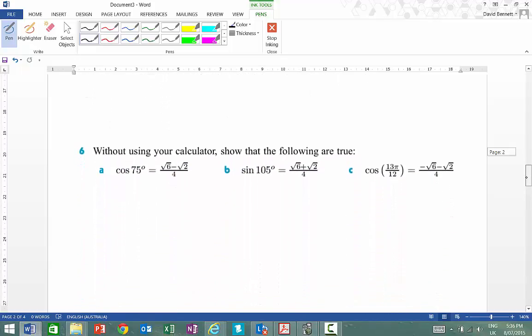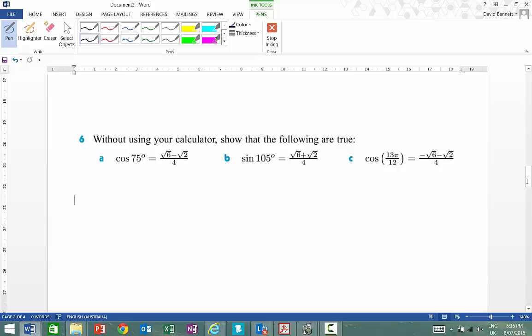Now I just want to look at this one here. We can use this a bit more, you've got to use a bit more intuition about what you're going to do here. Now if I've got cosine of 75 degrees, I'm thinking of cosine being 75 degrees might be something like 45 degrees plus 30 degrees. Now I've got to use this particular thing.